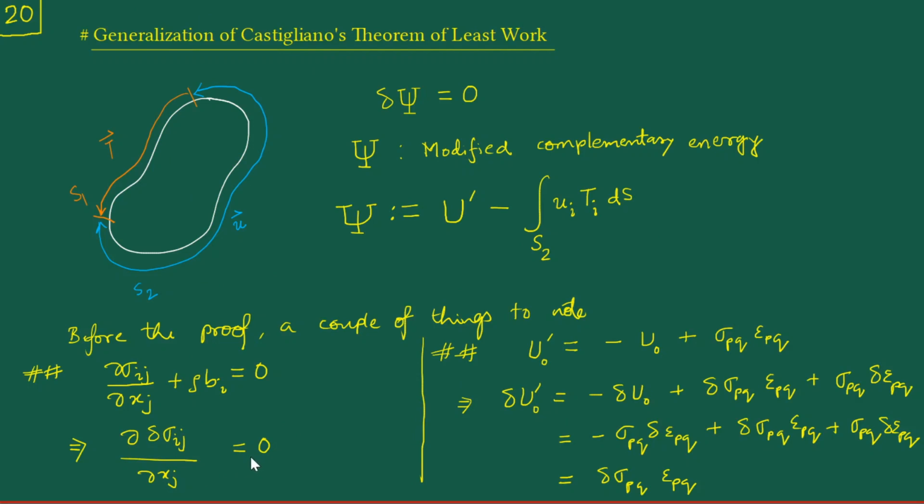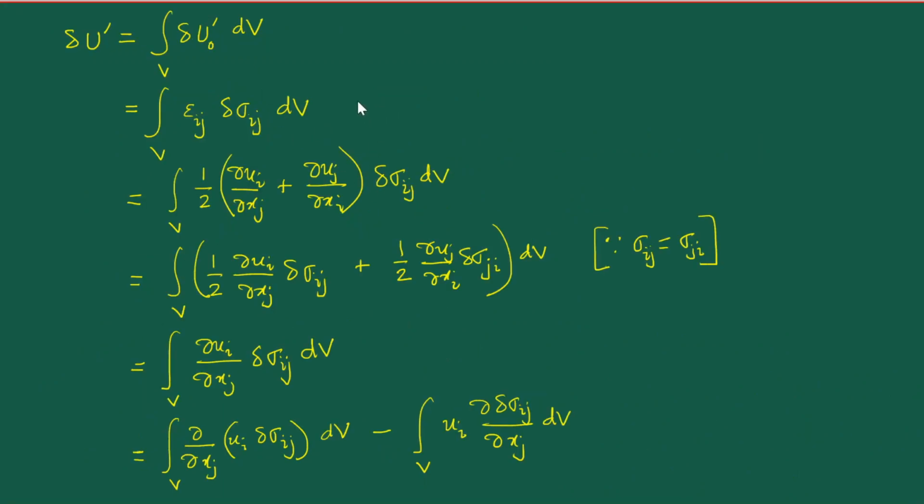So maybe we call this hash 1 and this hash 2. We've already used hash 2 in this step, and in this step we are going to use hash 1. So this thing is equal to 0 using hash 1.